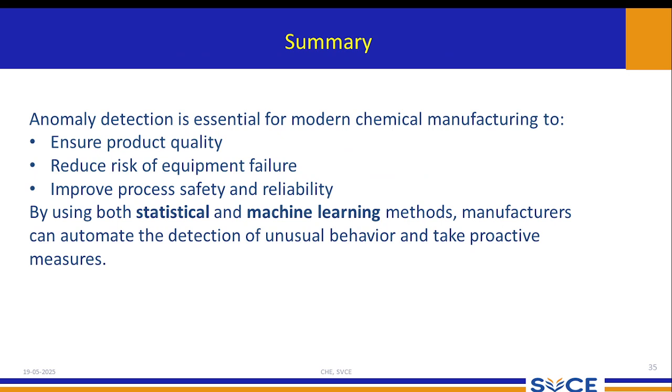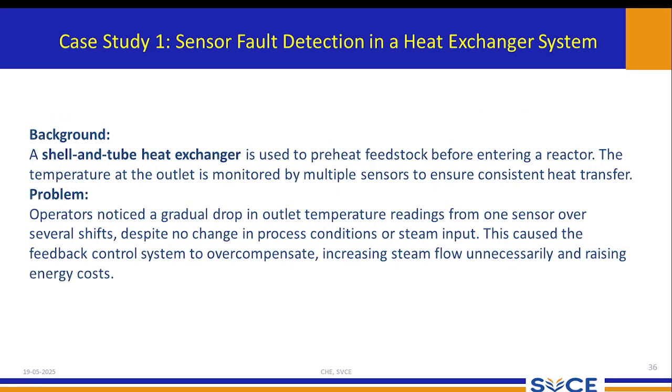So the summary: anomaly detection is essential for modern chemical manufacturing to ensure product quality, reduce risk of equipment failure, and improve process safety and reliability. By using both statistical and machine learning methods, manufacturers can automate the detection of unusual behavior and take proactive measures.